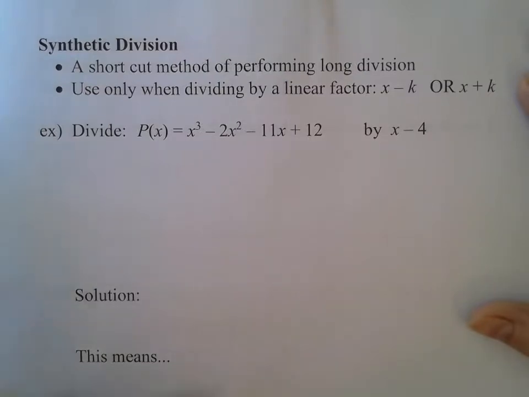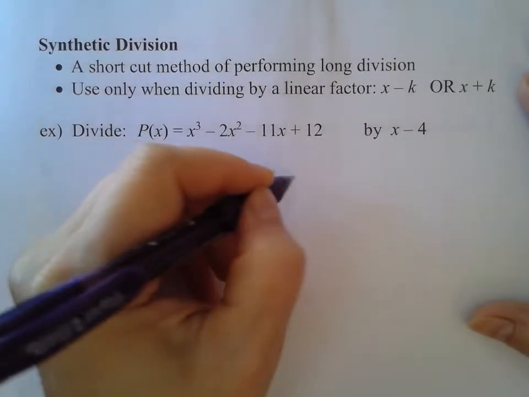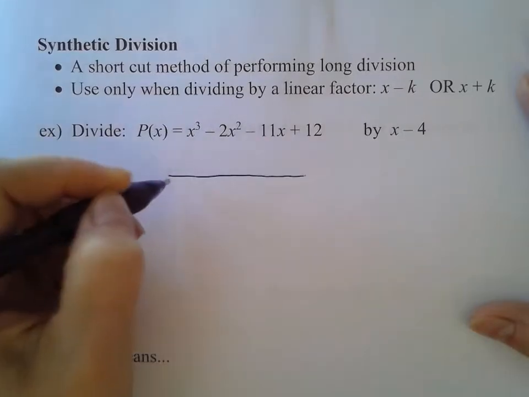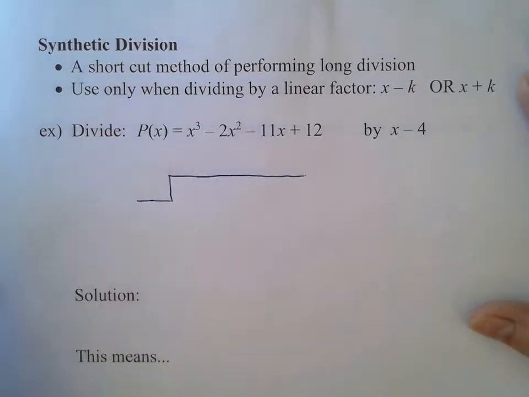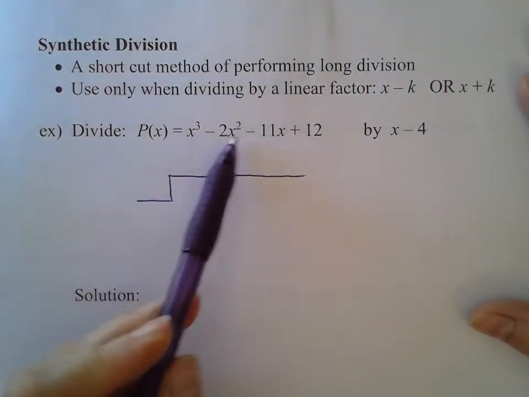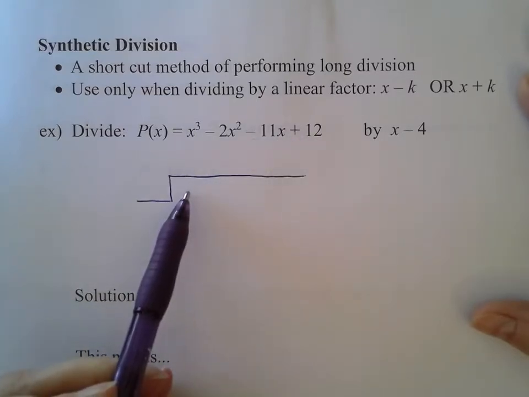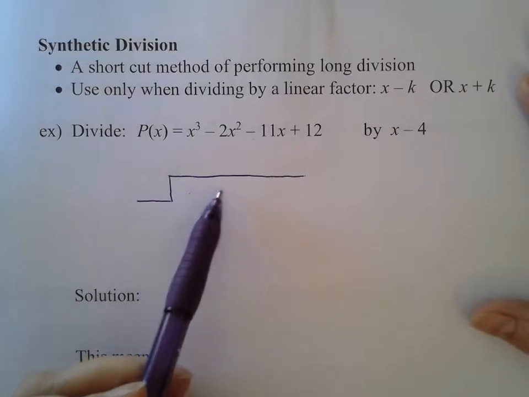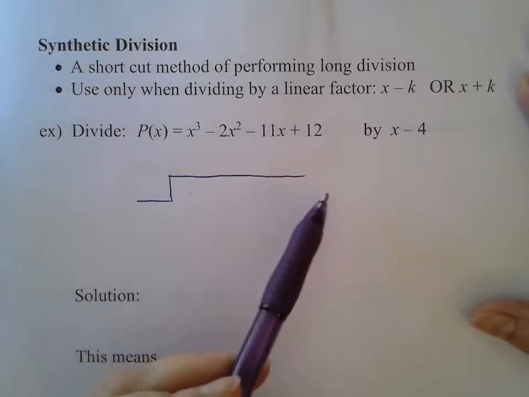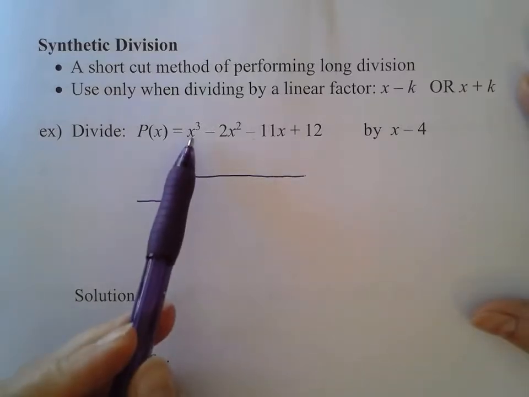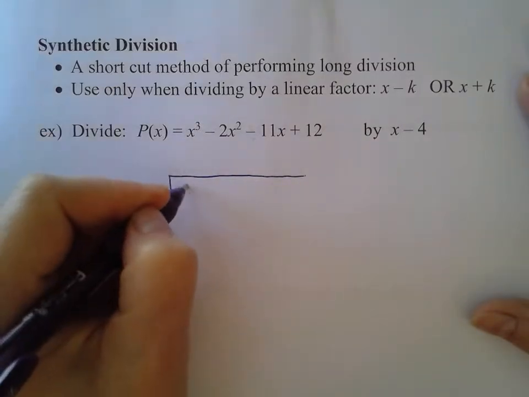Okay, so synthetic division is a little bit different. It is a shortcut. Instead of putting the whole polynomial underneath the division symbol, we are only going to keep track of the coefficients in order. So I'm not going to write the x cubed. I'm going to write the 1.